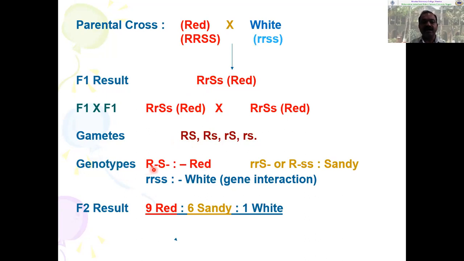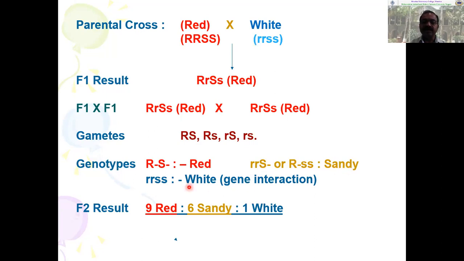Whenever we have the capital R and capital S, it would be red. When we have the small r with capital S, or one capital R with the small ss, one important point to be noted is that this homozygous recessive pair should be accompanied by another dominant allele. Either one allele should be dominant. Here the small r with one capital S is sandy color, and one capital R with a small ss is a sandy color.